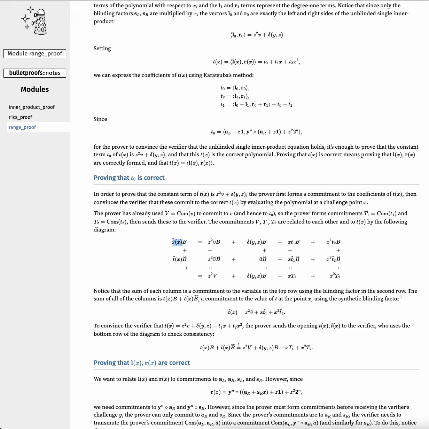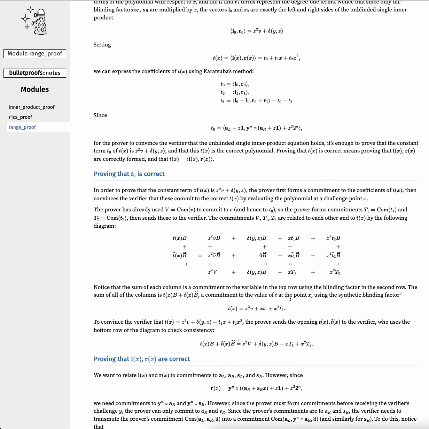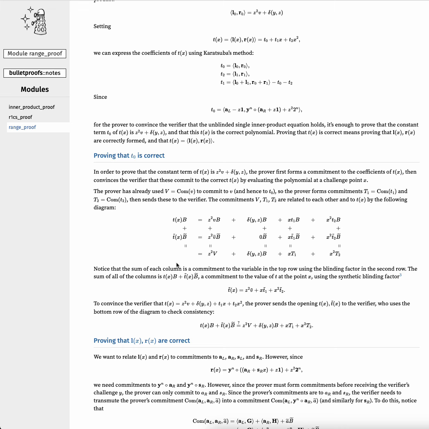And good thing, the prover gave us this opening. They gave us T of X and the blinding factor here, which, if you want to see how the prover computes that, is basically the combination of all the blinding factors of all the commitments that we're using, right? And this is it.